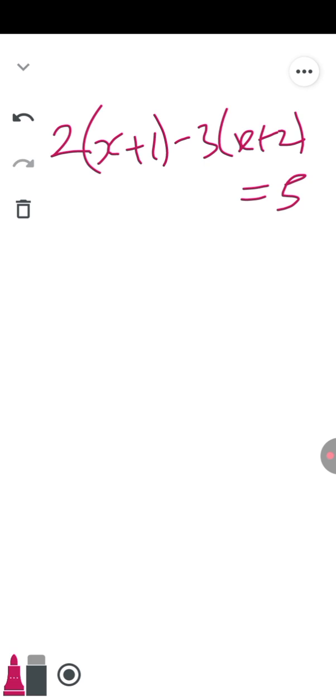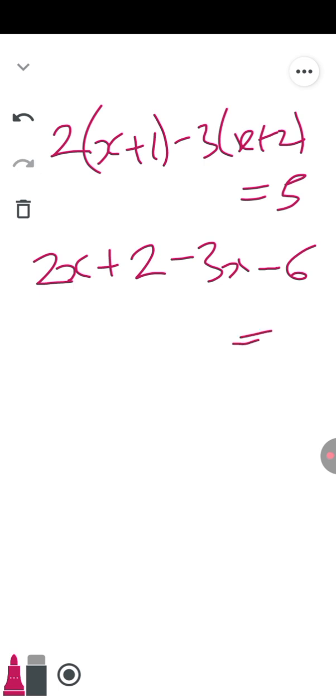You open the bracket. So you have 2x plus 2 minus 3x minus 6 is equal to 5.